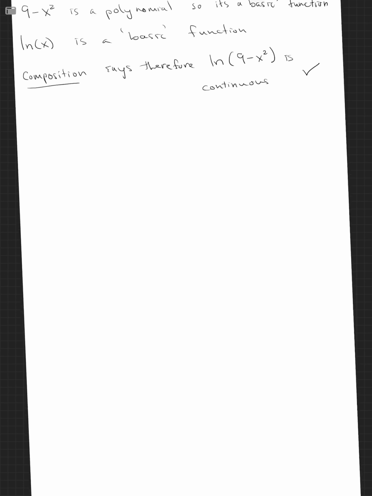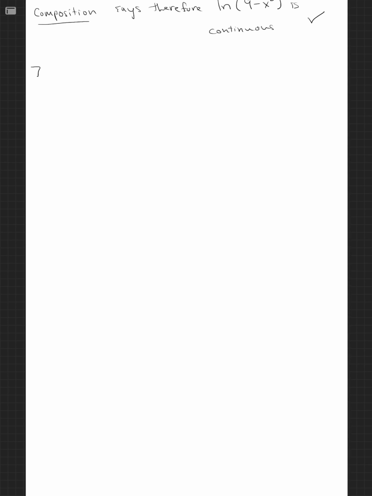All right. Let's see. So the next problem takes us a little bit away. We're not using the continuity rules anymore. We're using a fact about continuous functions that says that if you have a continuous function, then you can figure out its limit using substitution.